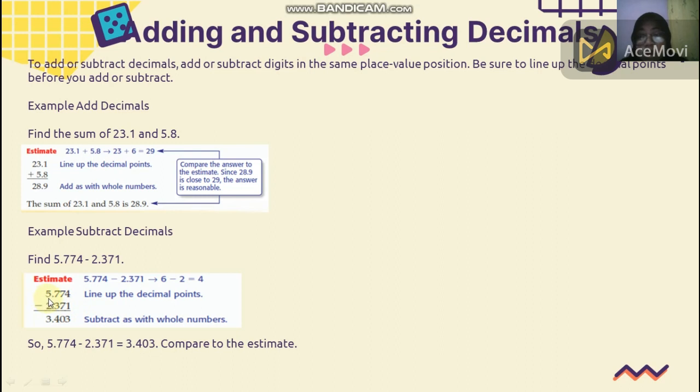So 5.774 minus 2.371 is equal to 3.403. Subtract as with whole numbers. So 5.774 minus 2.371 is equal to 3.403 compared to the estimate.